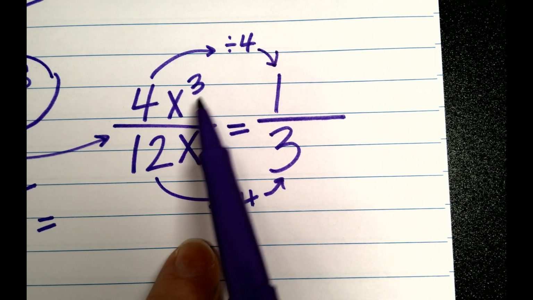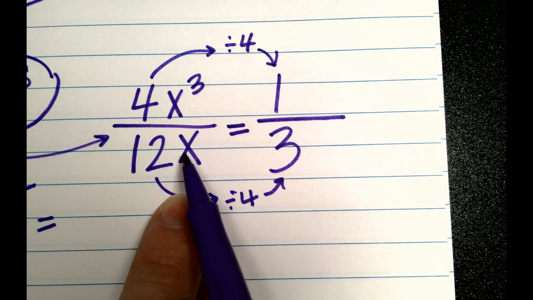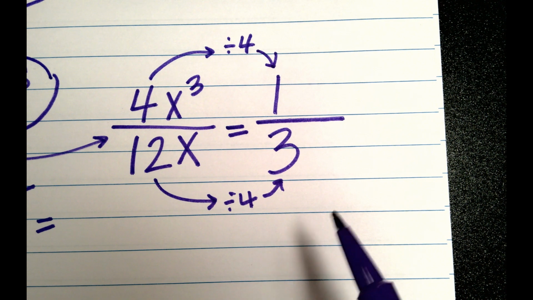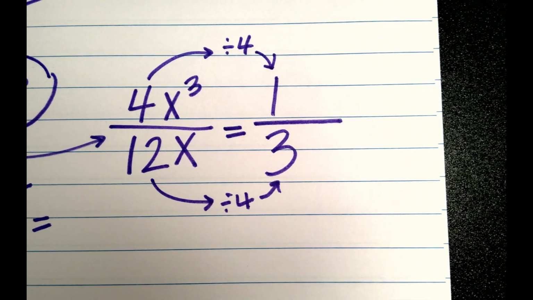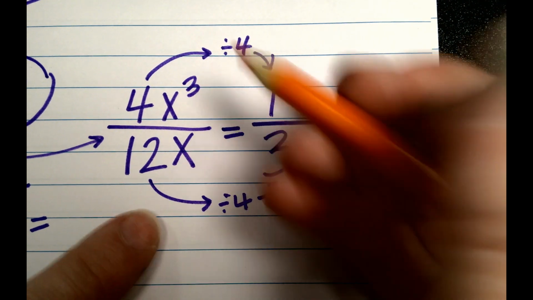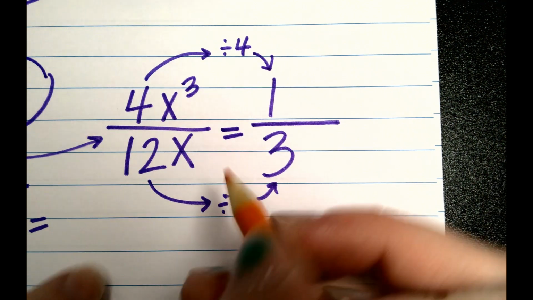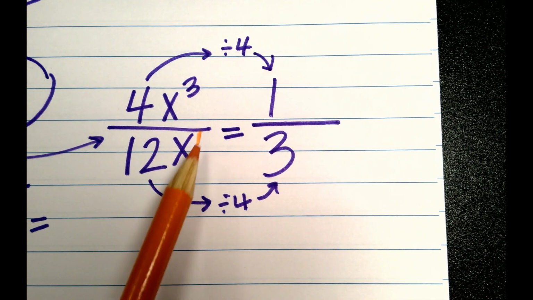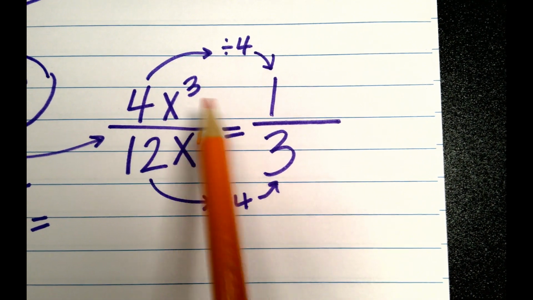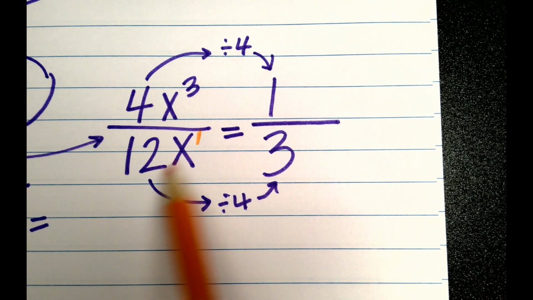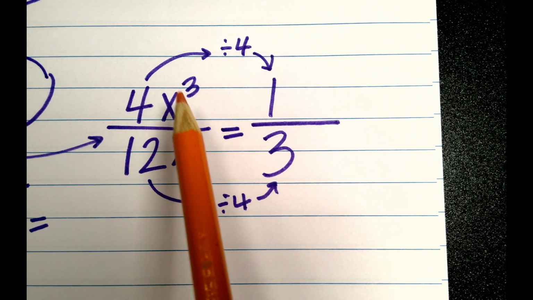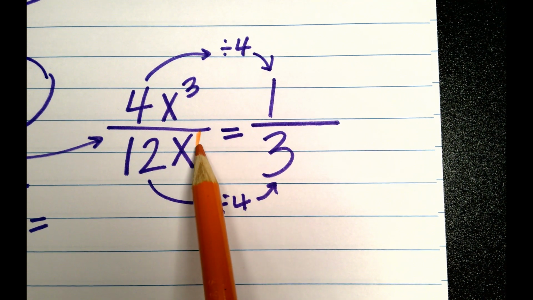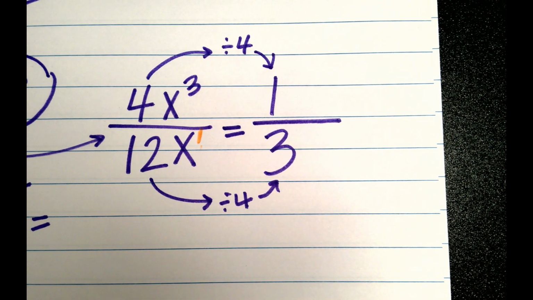And how do we do x to the third power divided by x? 3 minus 1. Yeah, we're remembering that if there's not a number here for our exponent, we always assume there's an invisible number 1. Since it's an exponent and not a regular number, we're subtracting to divide. 3 minus 1 is 2.